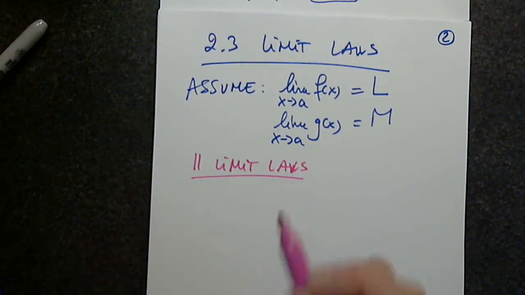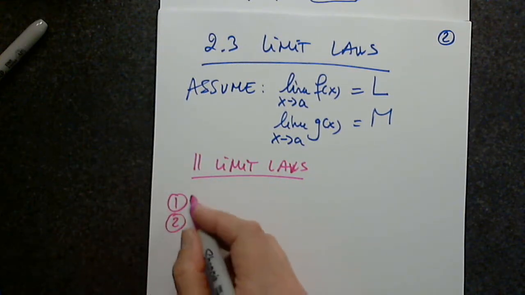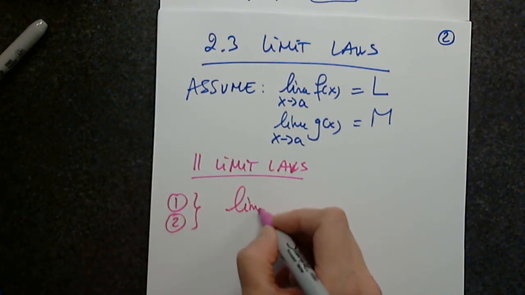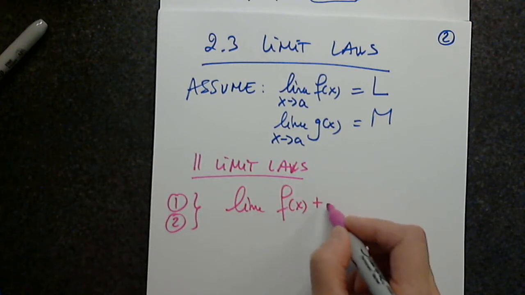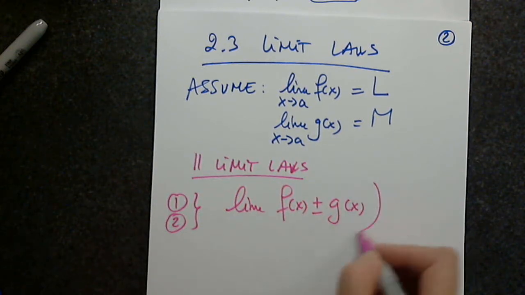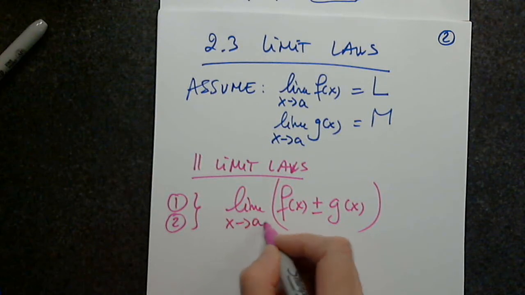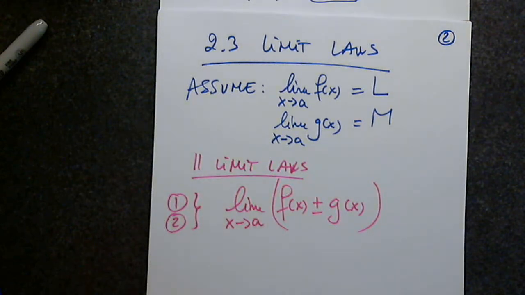Okay, so here's the first one. And the second one together. The limit of function f of x plus or minus function g of x as x approaches a from either side. So I'll put these two together instead of writing it twice.